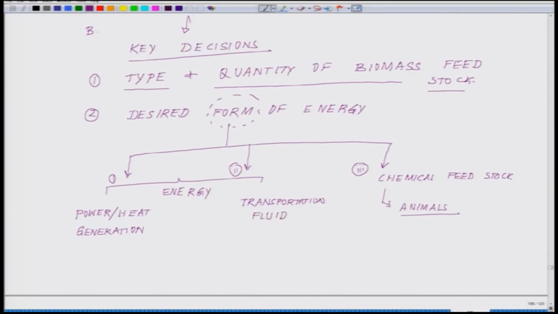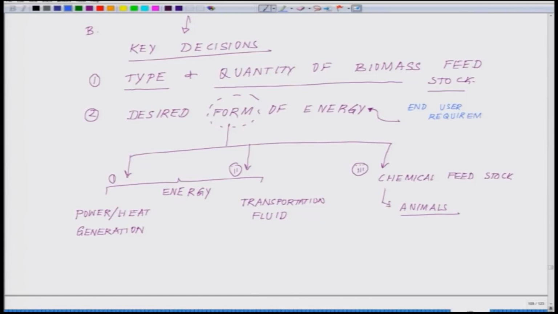Okay. These are the desired forms what we are talking about, and most importantly out here, this will further be worked out based on these 3 parameters, which includes end user requirement. Okay.